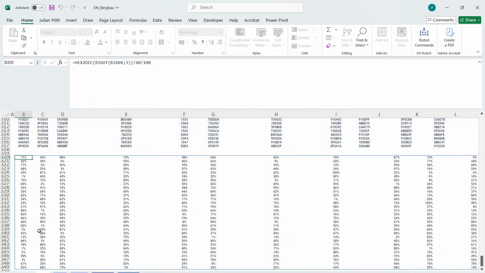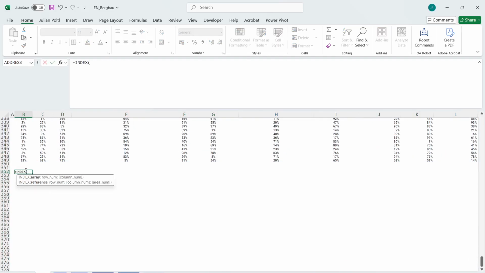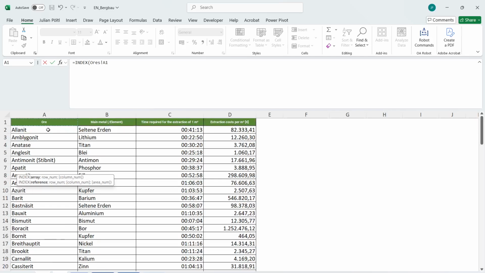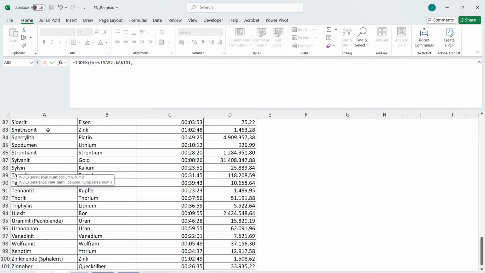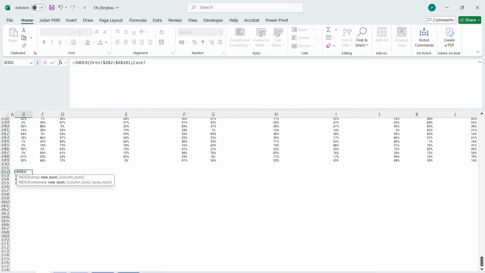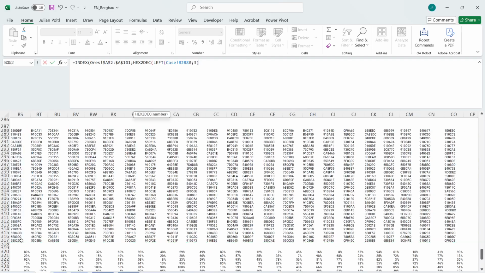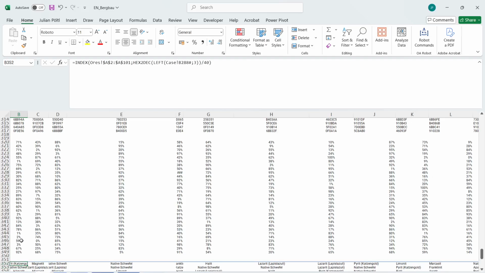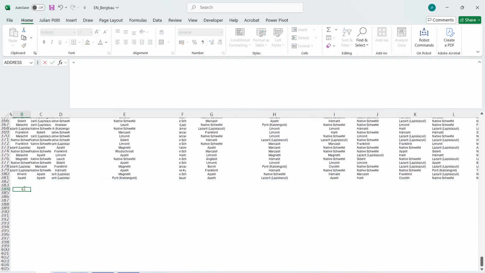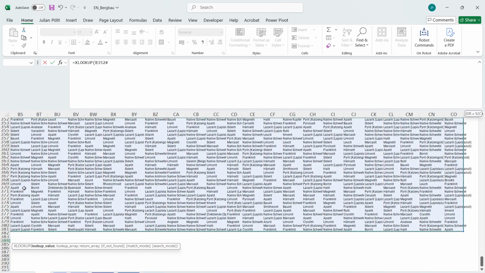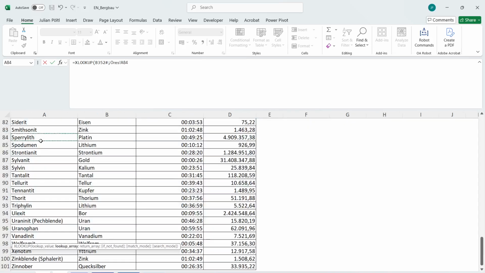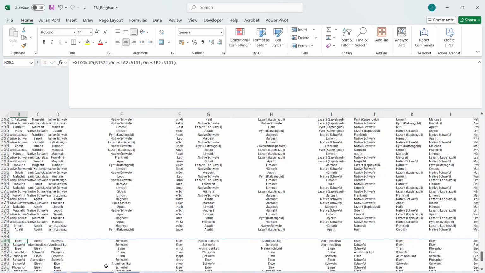And then it's also index of hex to this left 3 divided by 40. And then also the main metal, because it's dependent on the ore. And we have the main metal.